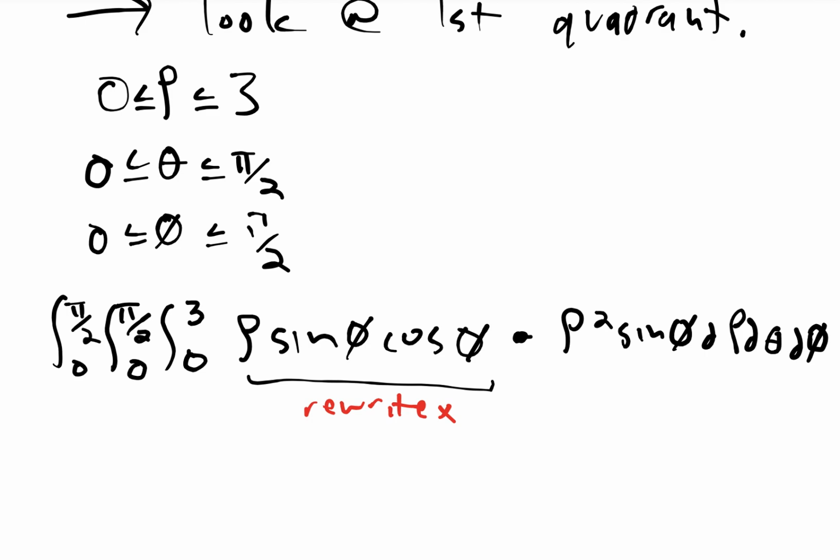Okay? So if I wanted to clean this up a little bit, I can. If I match up all of my rhos, put those together, we've really got rho cubed of those here. If I wanted to match up my thetas, I can do the same trick that I did before.